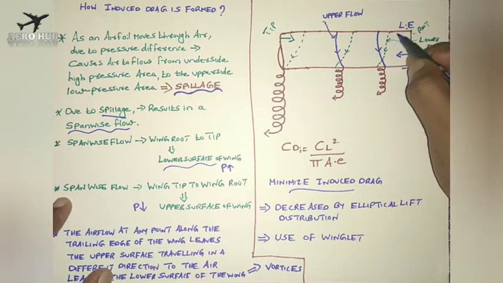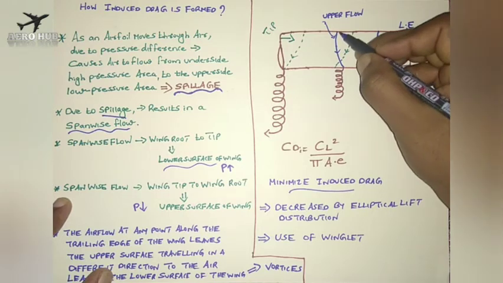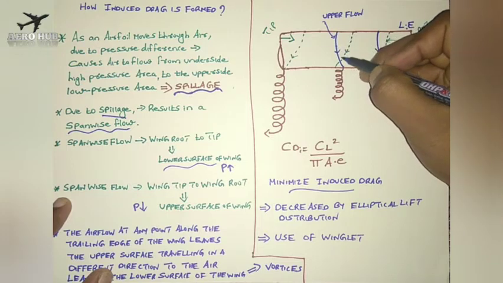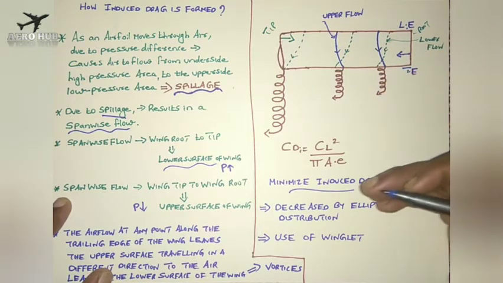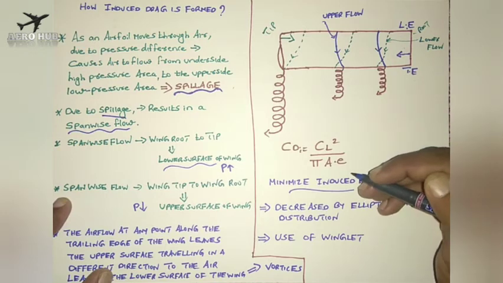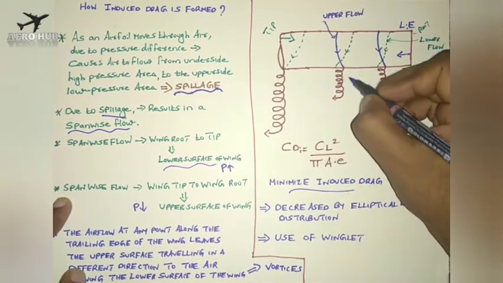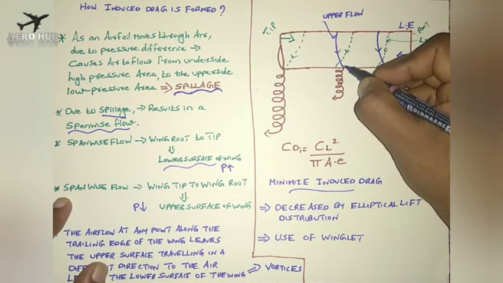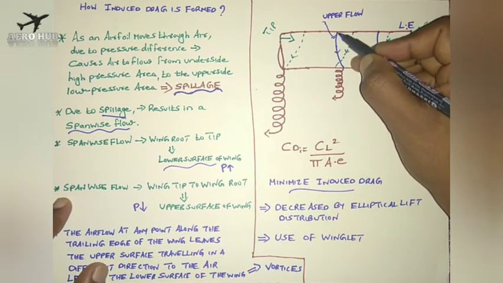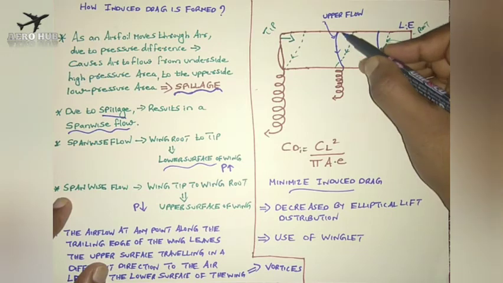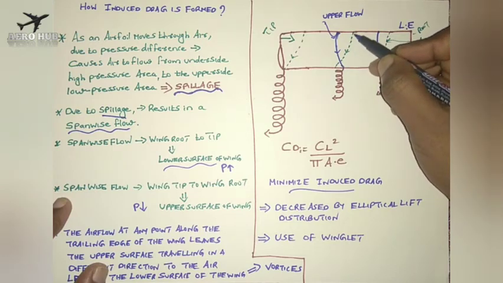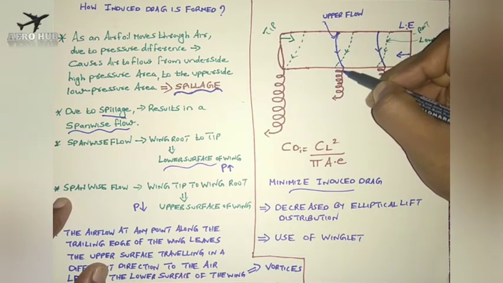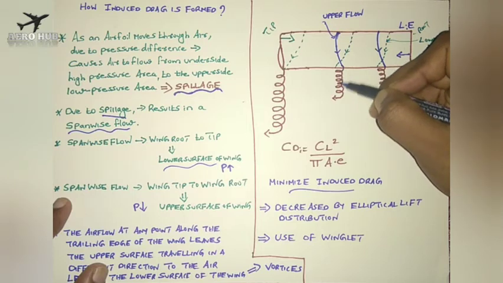You have to understand that the direction of spanwise flow at the upper and lower surface is different. The air leaving the trailing edge on the upper surface flows in a different direction compared to the lower surface, and these combine at the trailing edge to form the vortex.